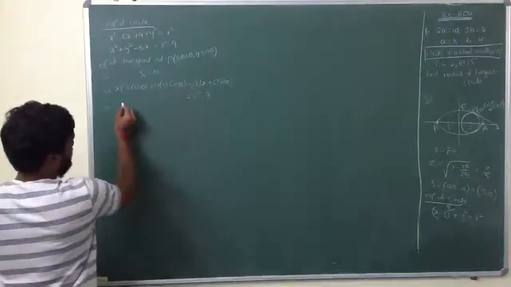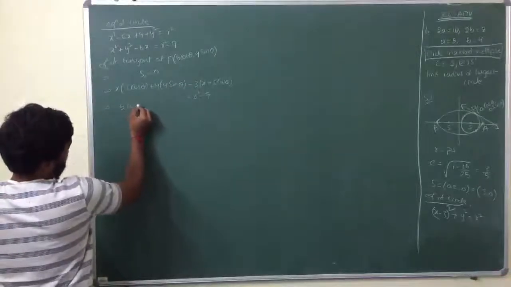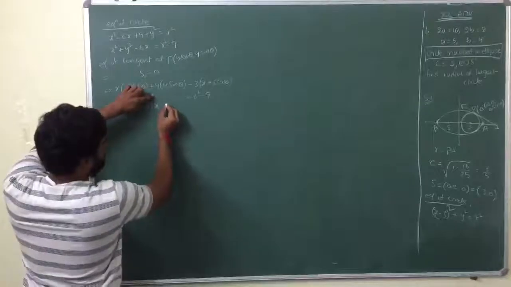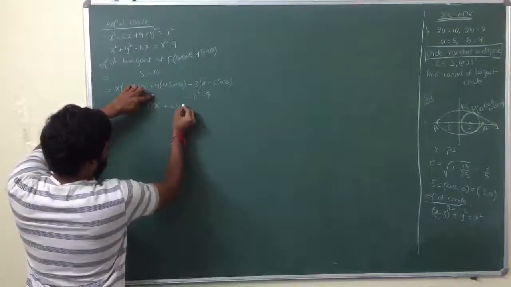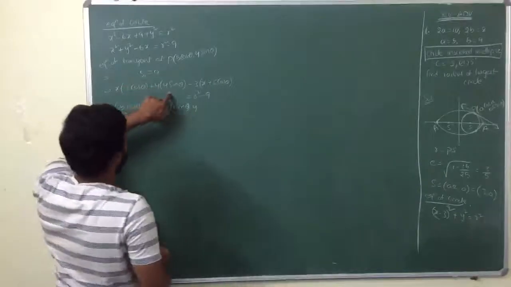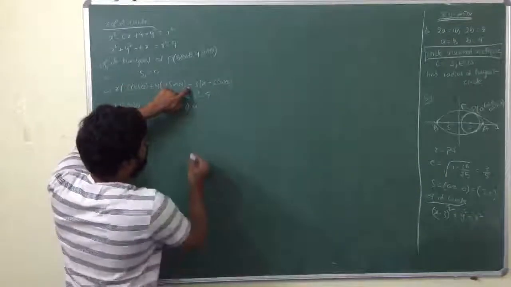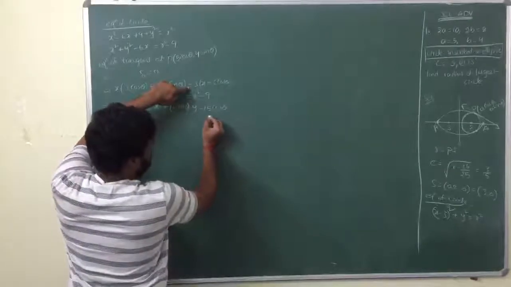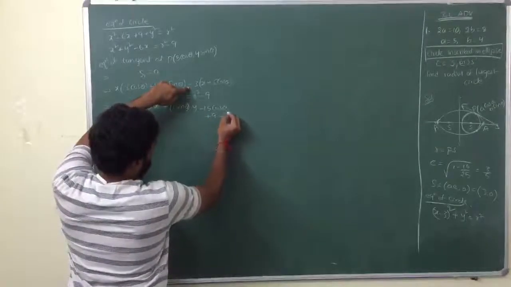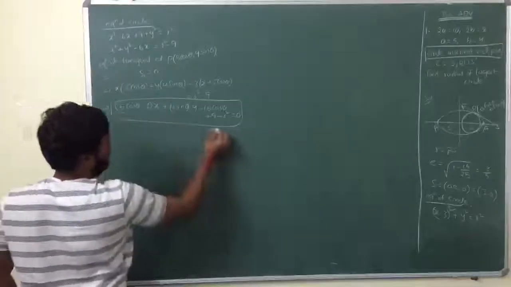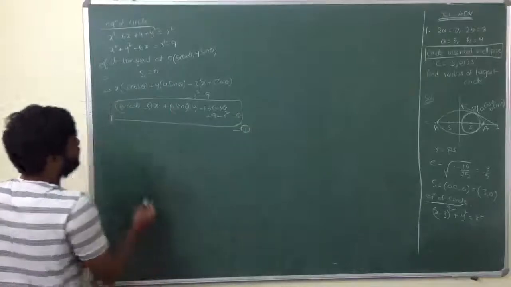Now (5 cos theta minus 3) of x plus 4 sin theta of y minus 15 cos theta plus 9 minus r square is equal to 0. So this is the equation of tangent. Let it be equation 1.